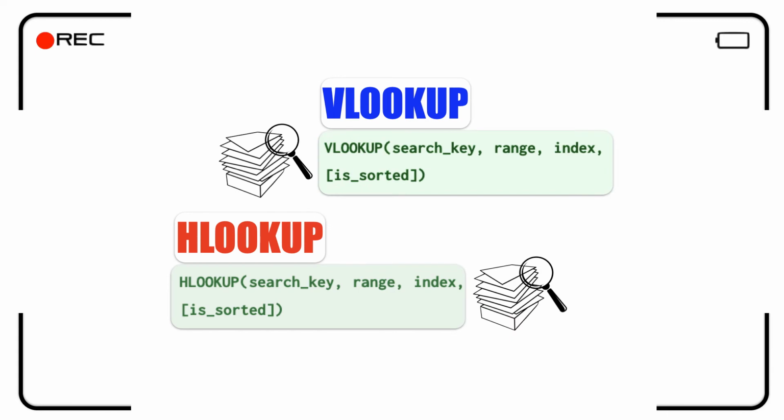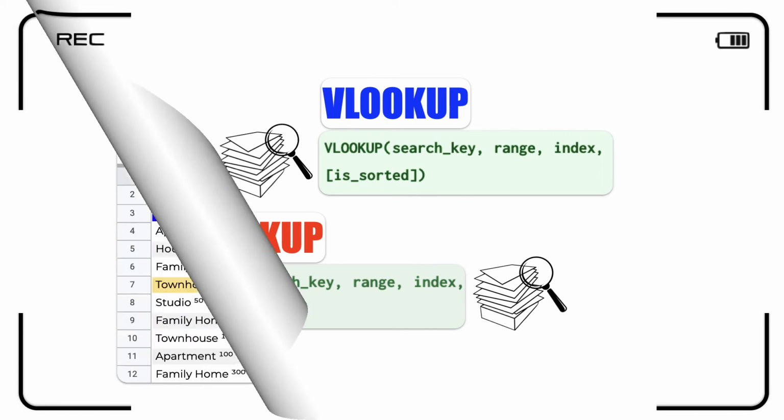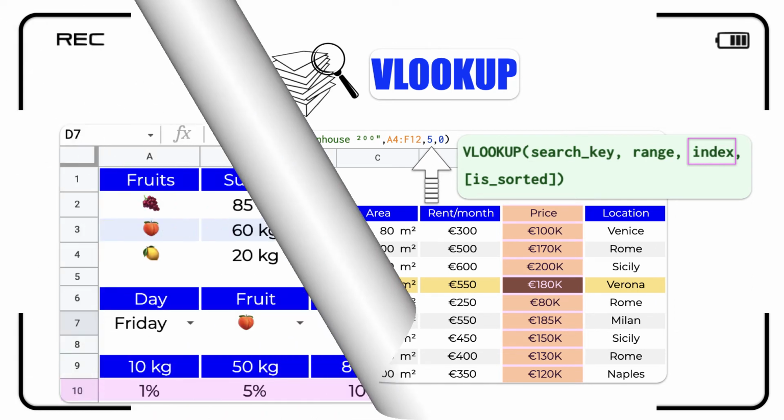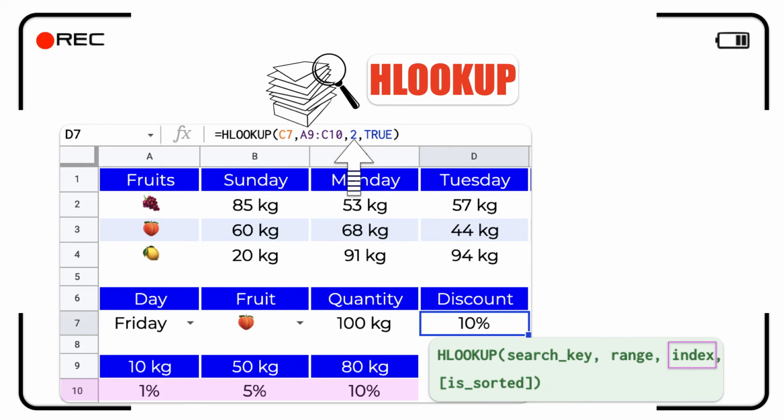The VLOOKUP and HLOOKUP functions have the same formula syntax and concepts, except for the index parameter, which in the VLOOKUP function is the number of the column, and for the HLOOKUP is the number of the row.